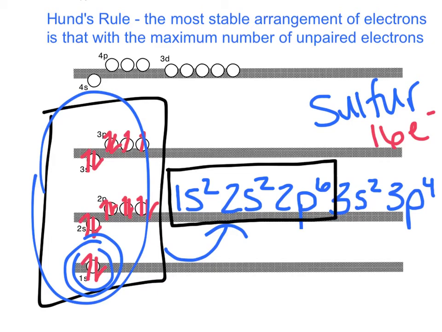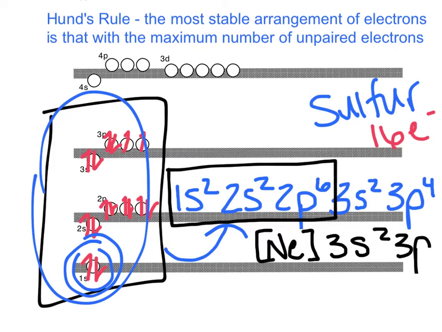And if you don't believe me, then go ahead and see what neon's electron configuration is. So instead of writing all that out, you can just basically say, hey, I'm going to start at neon and go from there. Okay, so if you find neon on the periodic table, go to the next, you're going to see it's a 3s2 and then 3p4. And so these two are saying the same thing, but this is just the shorthand version.